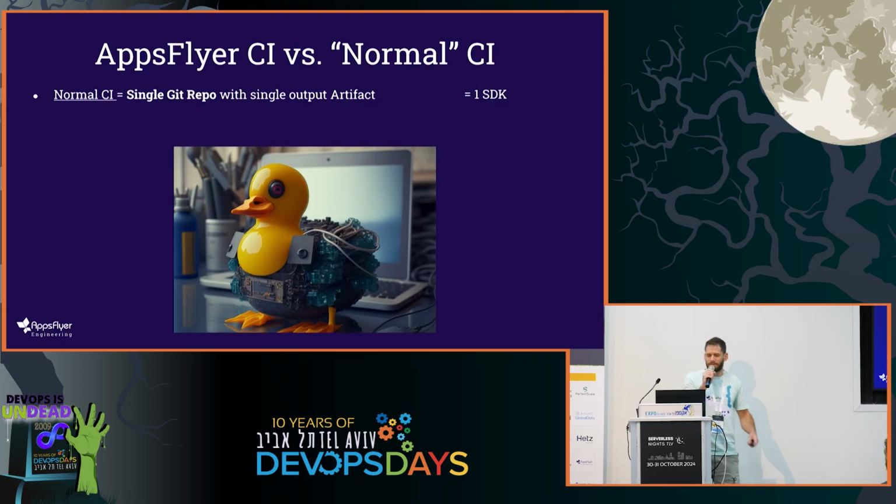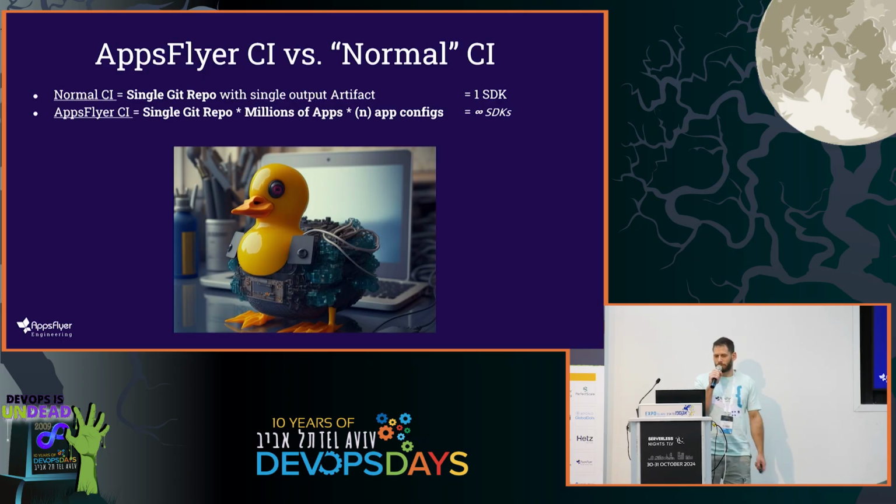So a normal CI has a single Git repository with a single output artifact, meaning one SDK for all. AppsFlyer CI, on the other hand, has a single Git repository, multiplied by millions of apps, multiplied by lots of app configs, and you're going to get an almost infinite number of SDKs. And we need a unique SDK per mobile app.